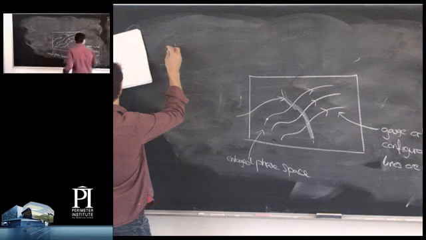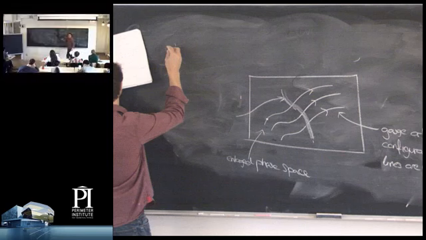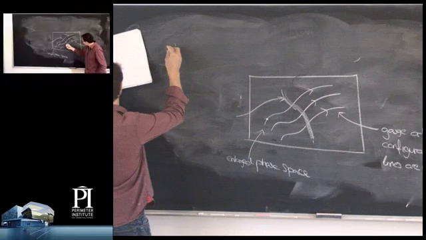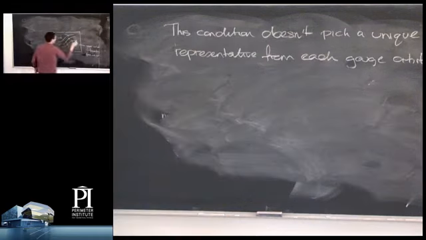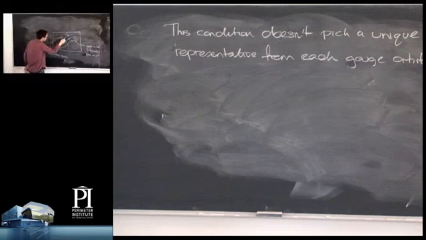Okay, in some sense this actually isn't such a great gauge. It's not such a great gauge because it doesn't uniquely pick a configuration along this line. So in some sense, this gauge choice is sort of more like this. Okay.